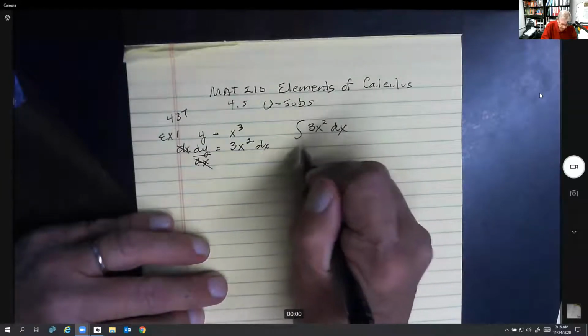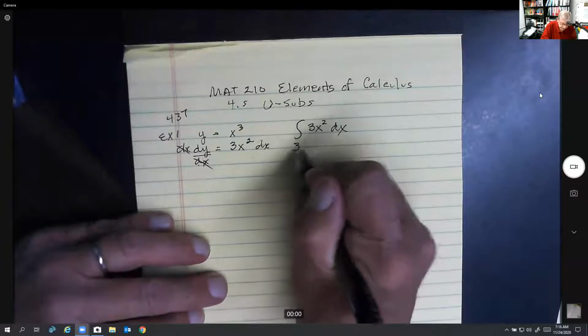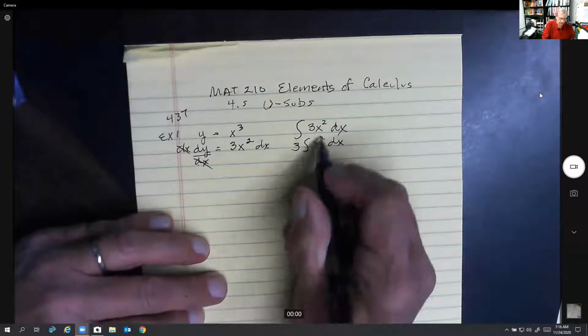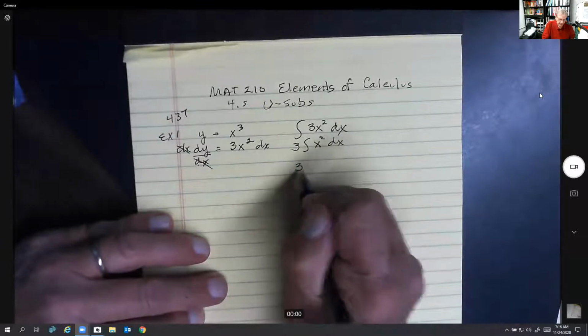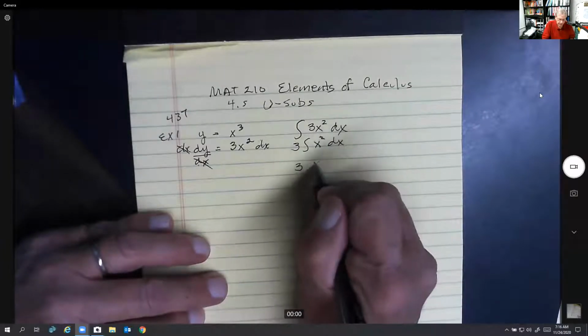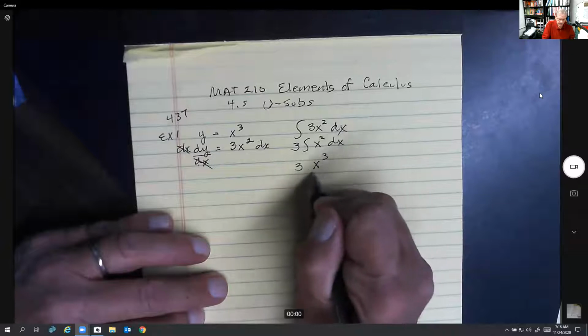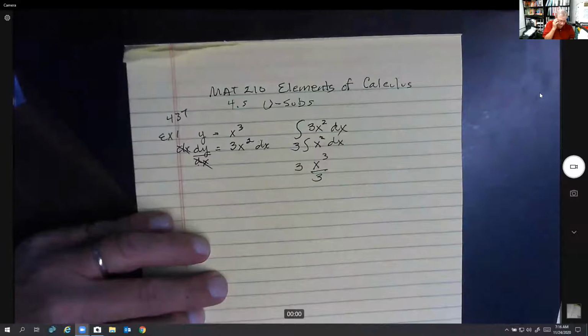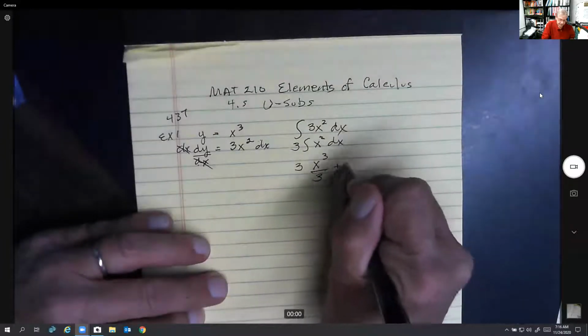Okay, we could factor out the 3. So we have 3 times x squared dx. And then remember, we add 1 to the power, x cubed, and we put it over 3. The dx goes away, plus c.